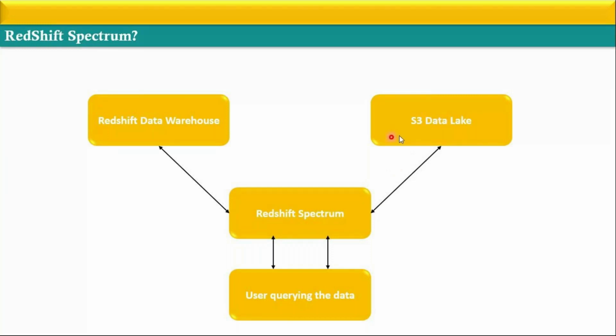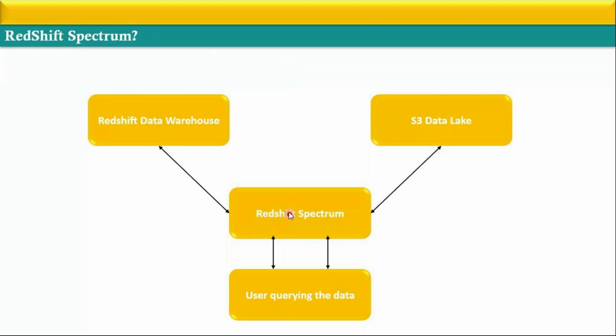So no movement of data will happen, because the data movement from S3 to the Redshift cluster will take some time, and that time will be minimized. So Redshift Spectrum is used to improve performance where the data from S3 is not moved to the Redshift cluster, and you will be able to get the outcome.